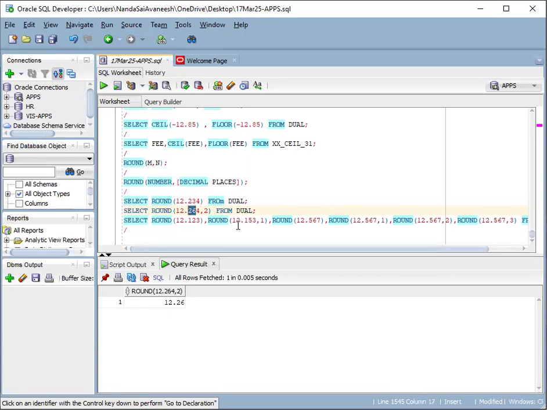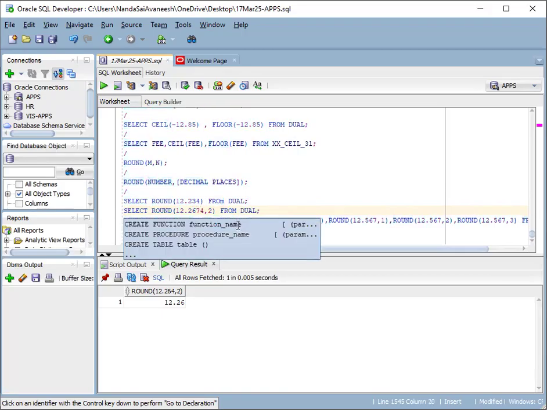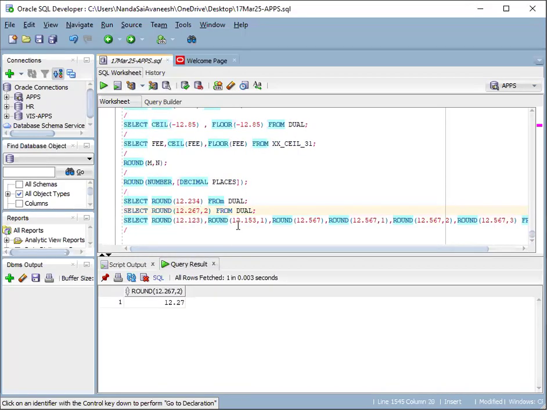Suppose we use 12.267 here, then it will become 12.27. This 7 is more than 5, so 1 is added to this 6, and then it will become 12.27.